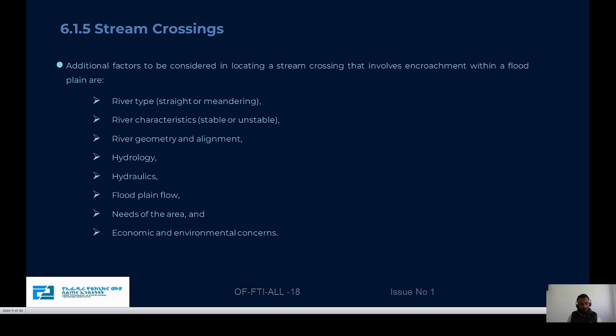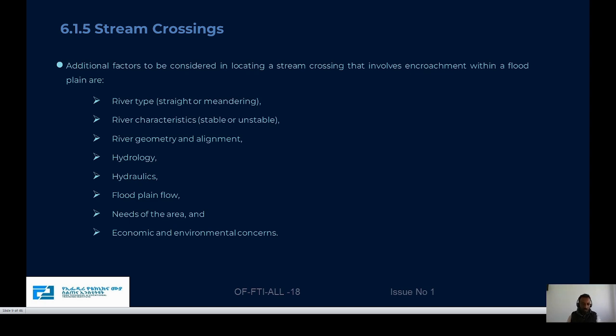In stream crossings, there are also additional factors to be considered in locating a stream crossing. This stream crossing will also provide for construction of culverts, bridges, and many structures.